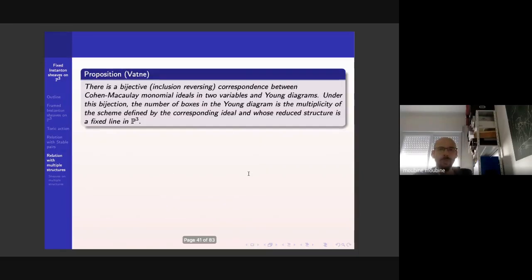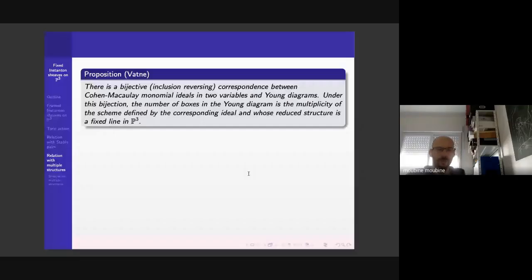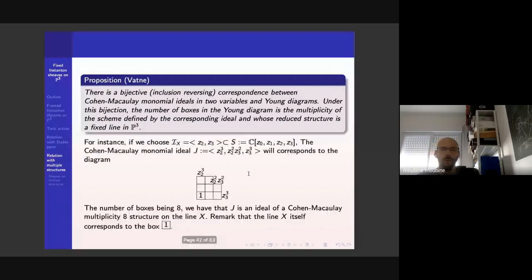Okay. So some results that we will be using: in the case of monomial ideals, we have a bijection between Cohen-Macaulay monomial ideals in two variables and Young diagrams. And in this bijection, the number of boxes is the multiplicity of the scheme. So you take your favorite monomial ideal.